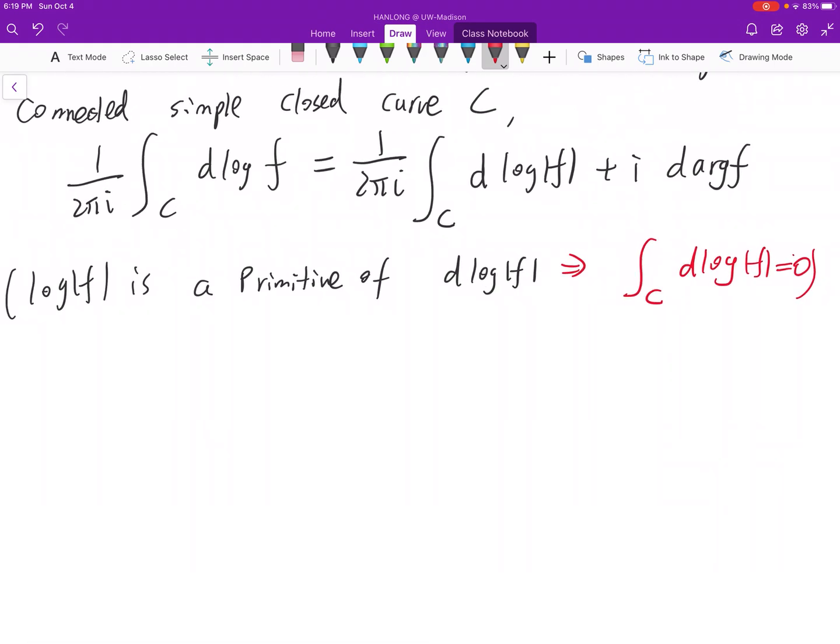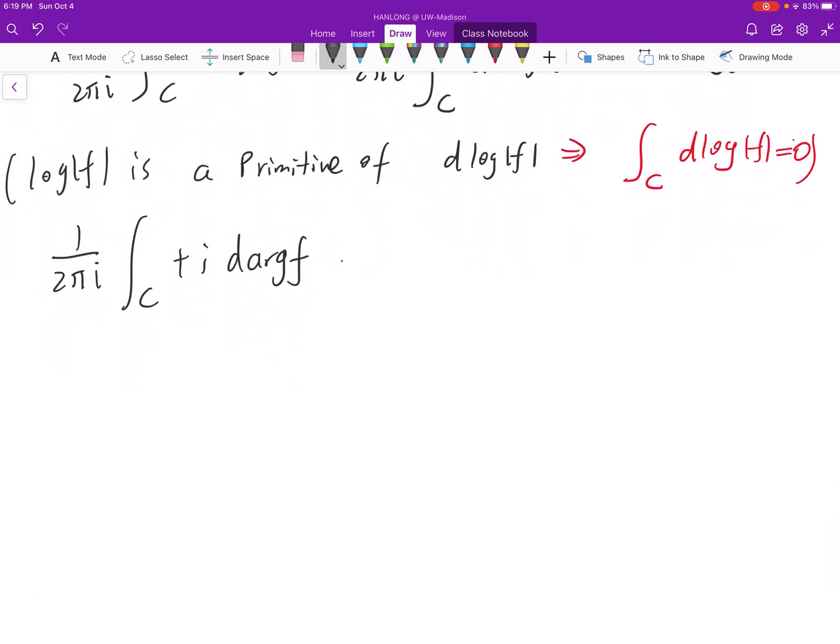But then for the other part, what is this one? This will be 1/2 pi integration over C of d argument f.